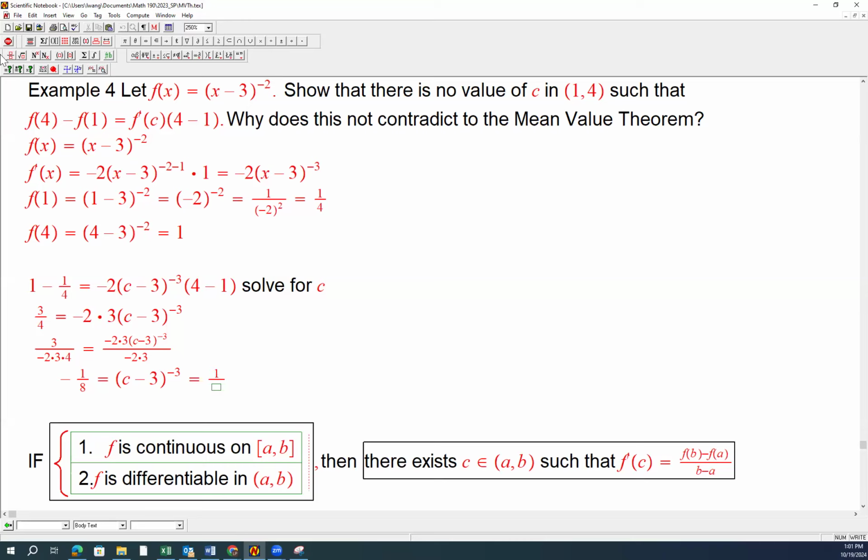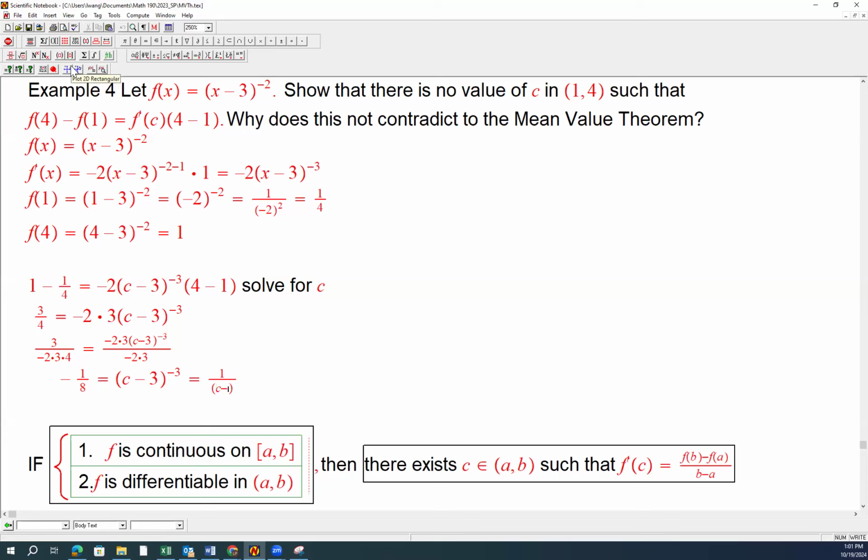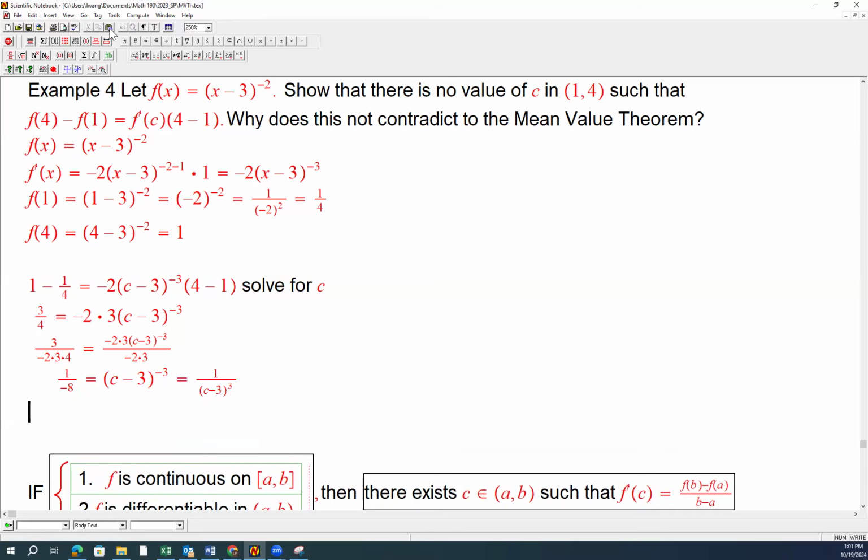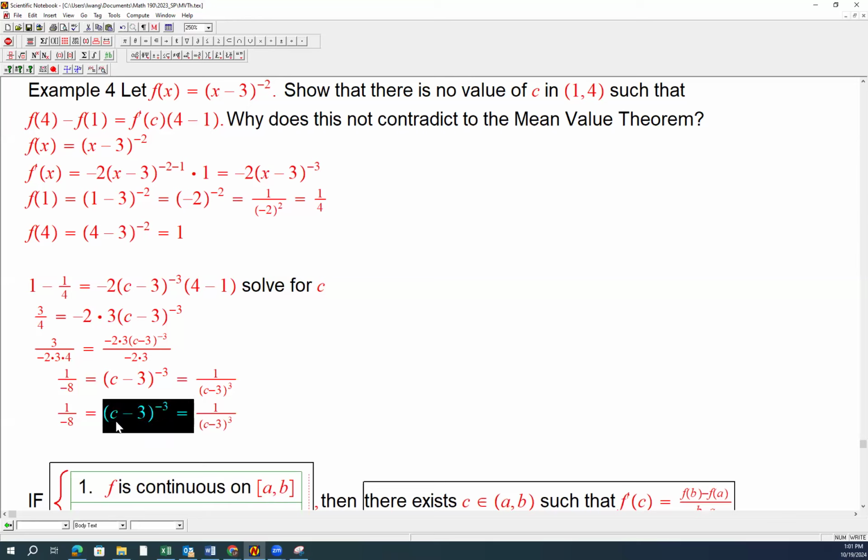So we're going to get 1 over c minus 3 to the power of 3. Now we got an interesting situation. There's a negative sign. How about we put it under negative 8, just like that. So we got a situation like the following. Remove the middle, which is the bridge.